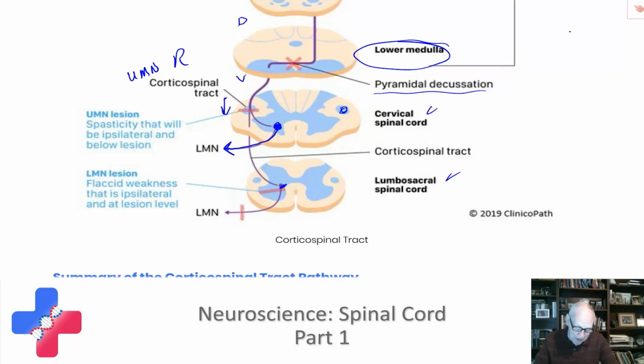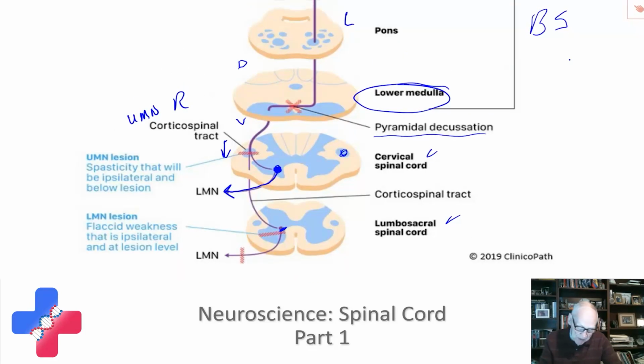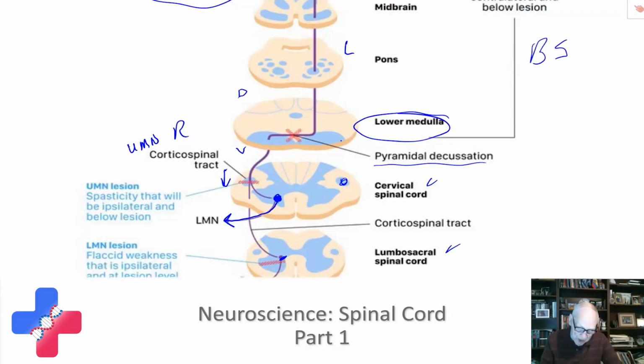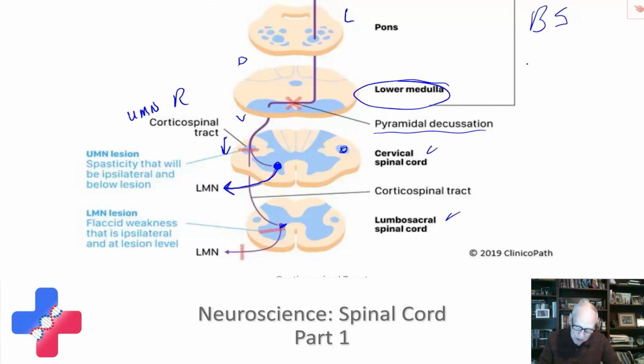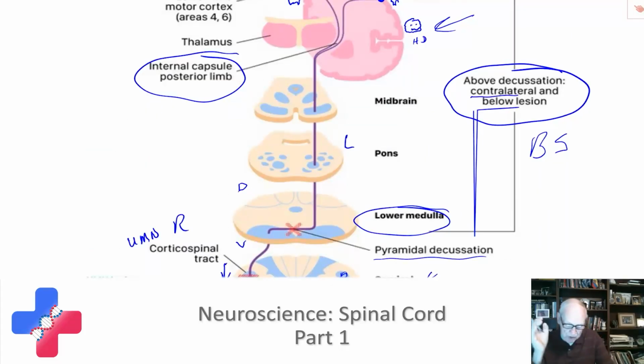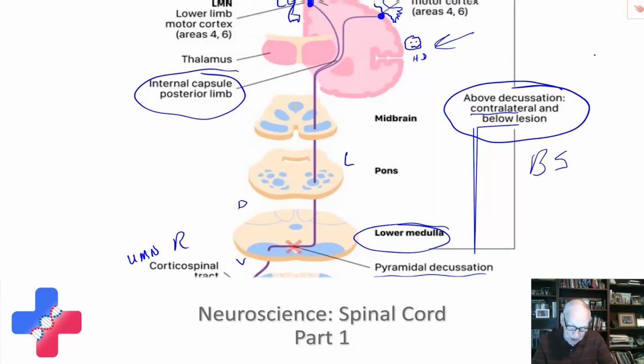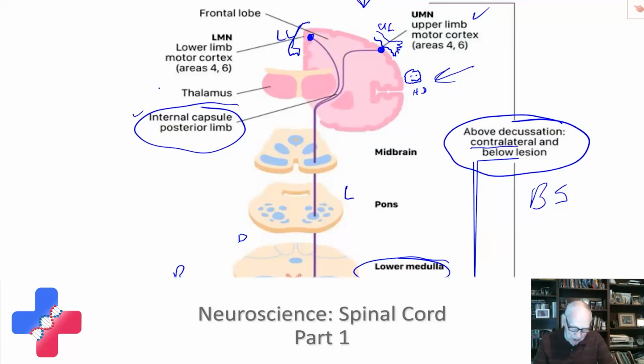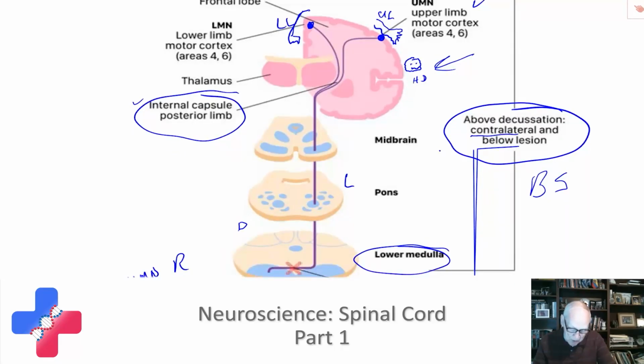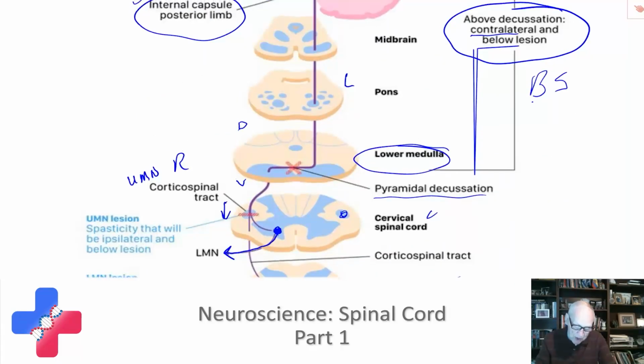So again, with that having been said and what we've already known, the big story here is where's the decussation. So remember, all lesions above decussation are what? Below contralateral. So if you had a corticospinal tract lesion in the cortex, a capsular stroke on the left side, or in the brainstem, all the way down to the lower medulla, if you had a lesion anywhere along here, your deficit is below.